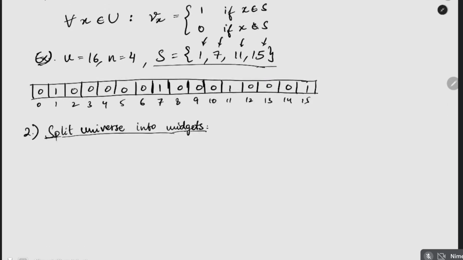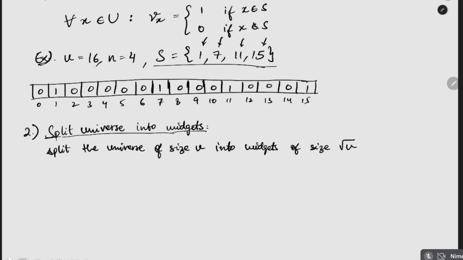So basically, split the universe that has a size u into widgets of size square root of u, right?